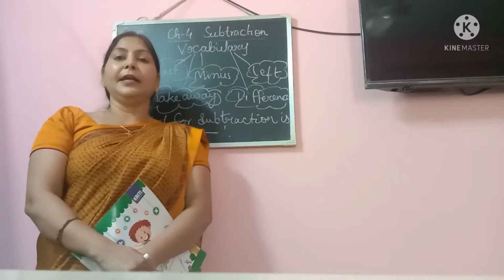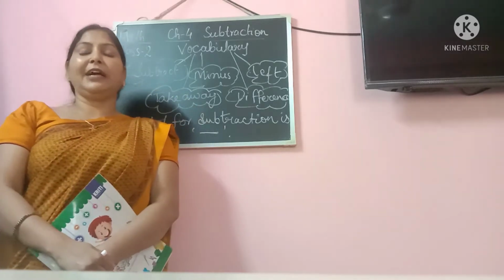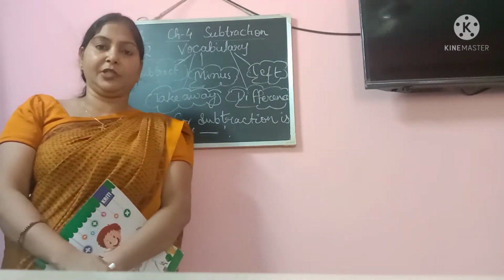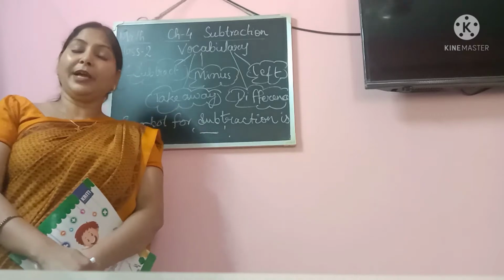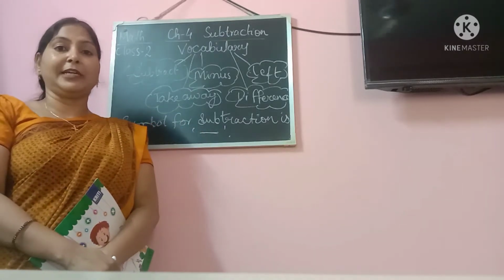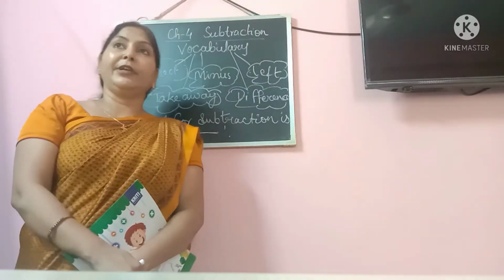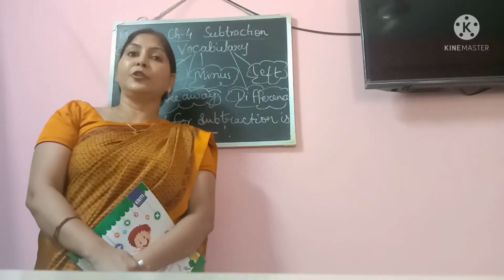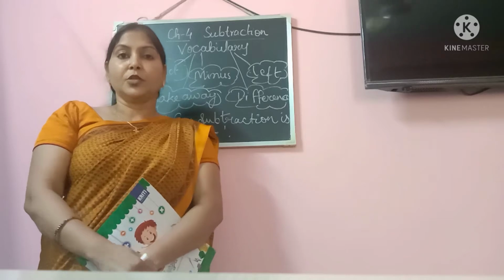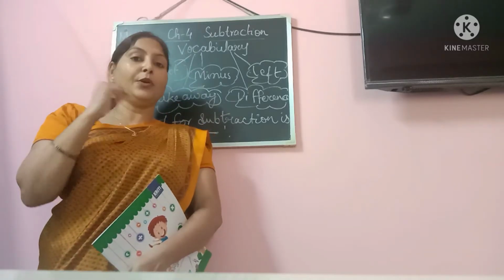Okay. And I think you must be having some previous knowledge about subtraction, and in class 1 you must have done subtraction of 2-digit numbers or maybe 1-digit numbers. Say for example if I ask you to subtract 2 from 8, how did you do that?